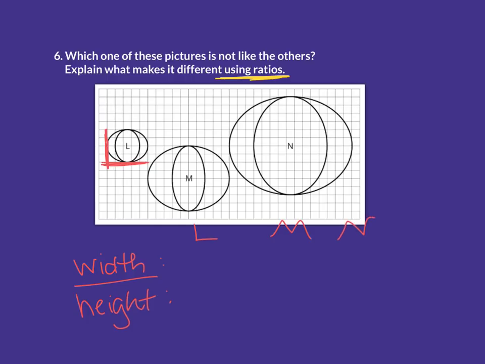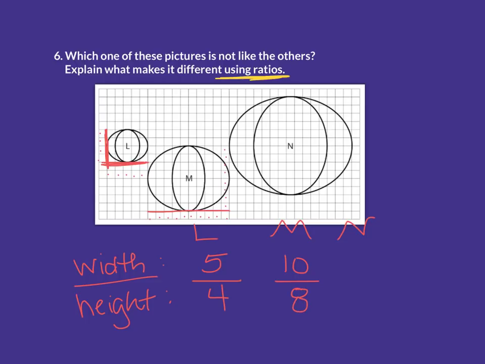So L, the width of L is 1, 2, 3, 4, 5 units. And the height of L is 1, 2, 3, 4 units. If I look at the width of M, that's 1, 2, 3, 4, 5, 6, 7, 8, 9, 10 wide over 1, 2, 3, 4, 5, 6, 7, 8 high.